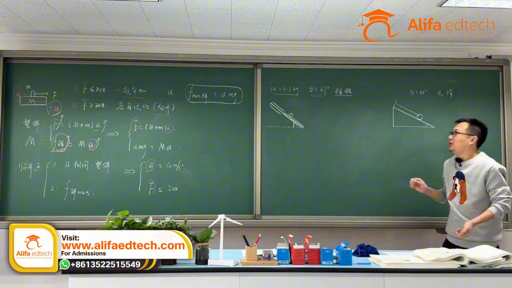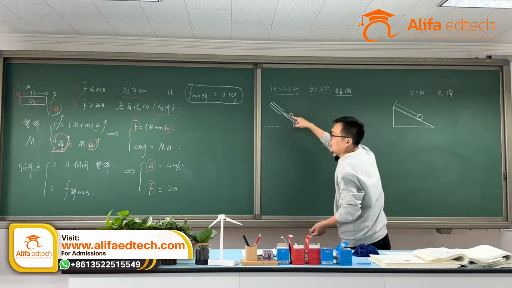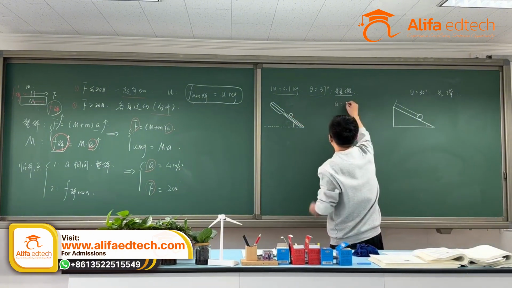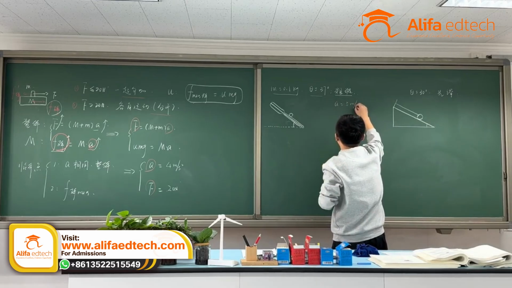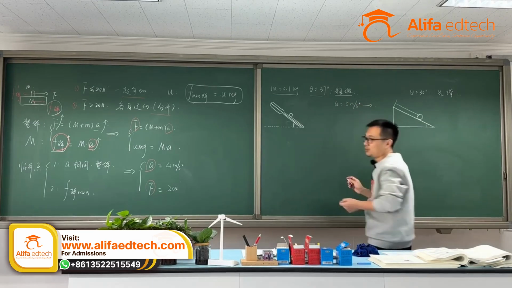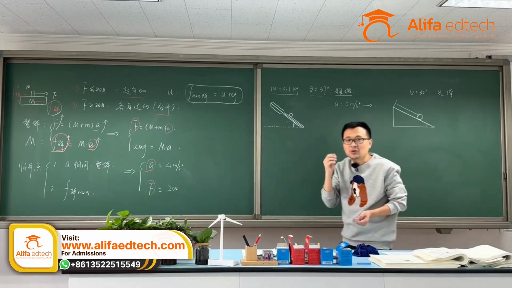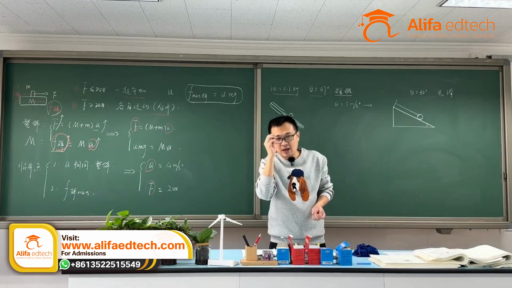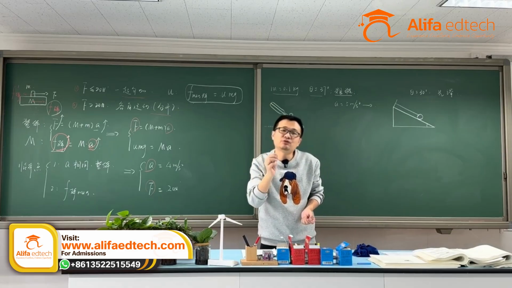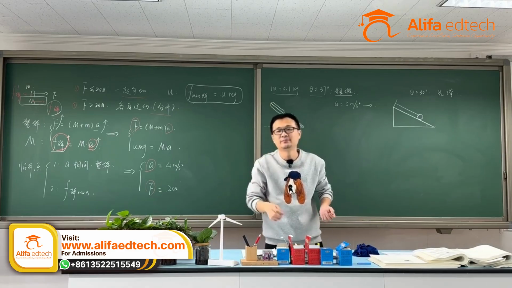So now they are supporting this steel ball and moving with an acceleration equal to 5 meters per second squared to the right with uniform acceleration. What are we asked to find? Find the magnitude and direction of the static friction force the steel ball experiences.